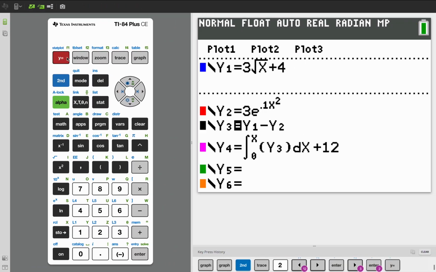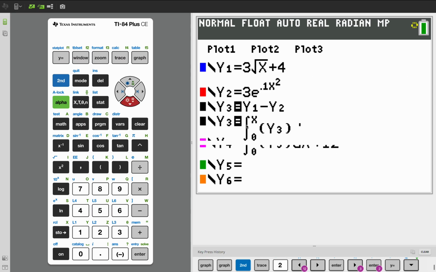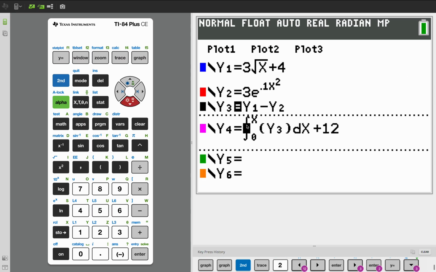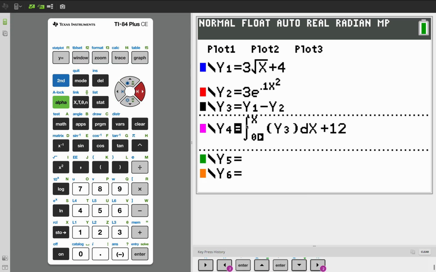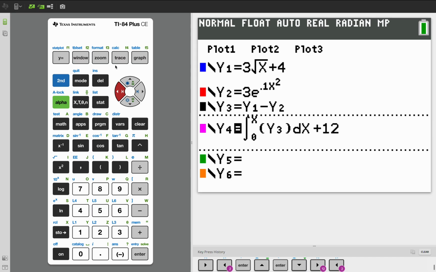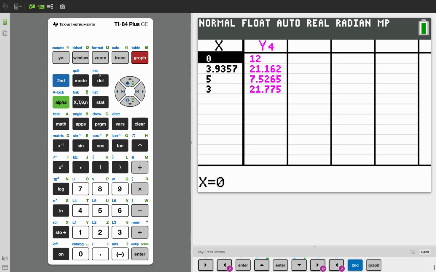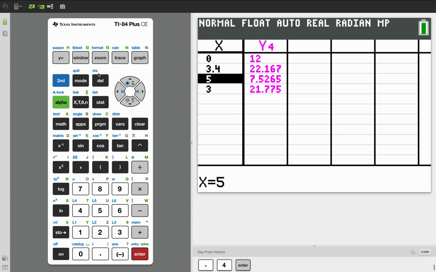Now we're going to take the integral from 0 to x of y1 minus y2, which is going to be y4. I already added the 12, which is your initial value, which was how many gallons of water there were at time t equals 0. Okay, so we are going to go to second table, and then remove these and make sure that we have accurate critical points.